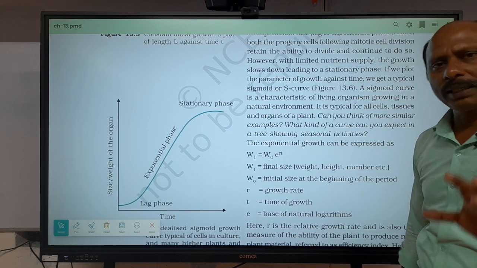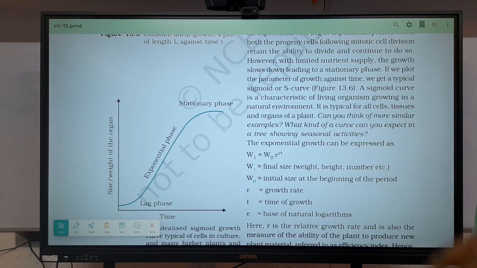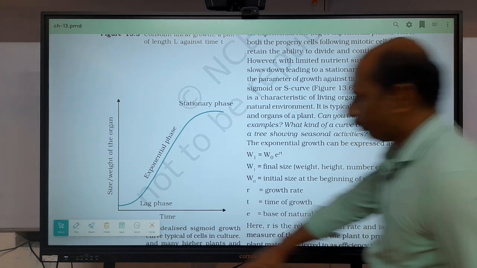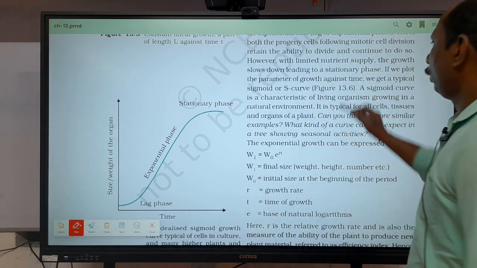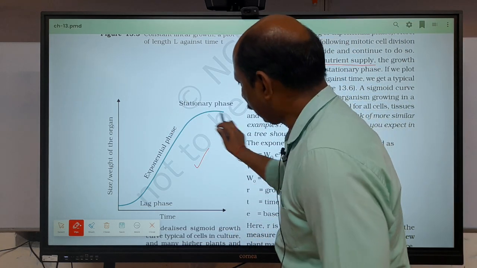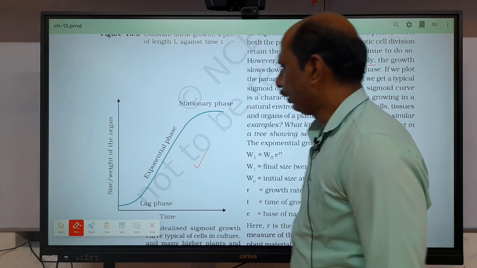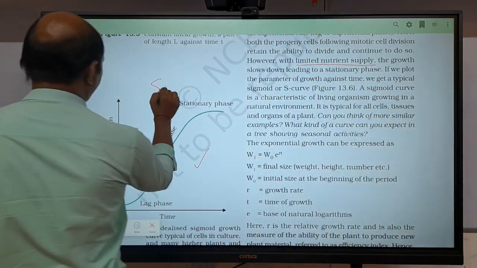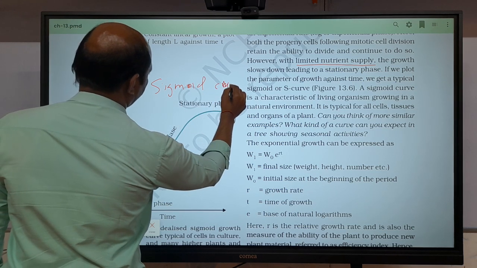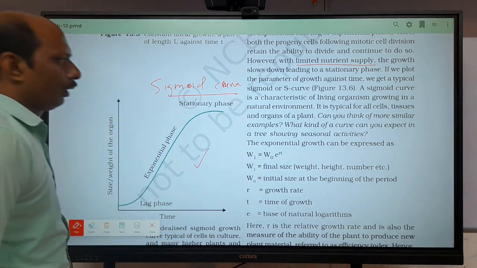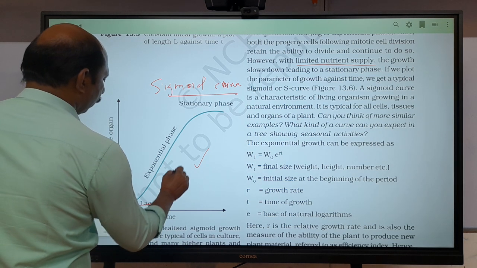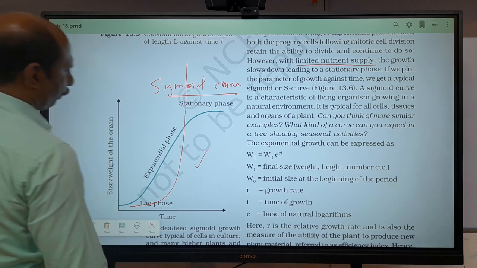However, with limited nutrient supply, when nutrient supply is limited, we get a sigmoid or S shape curve. When it is unlimited, they form a J-shaped curve, right?